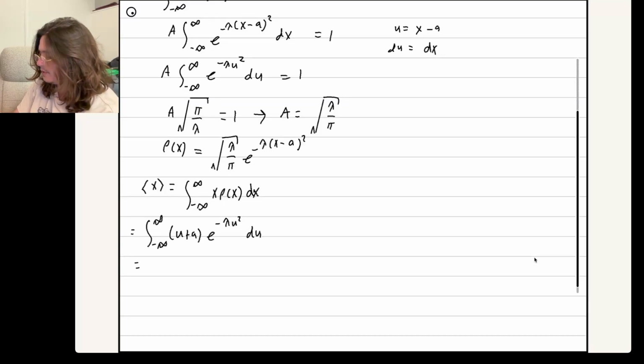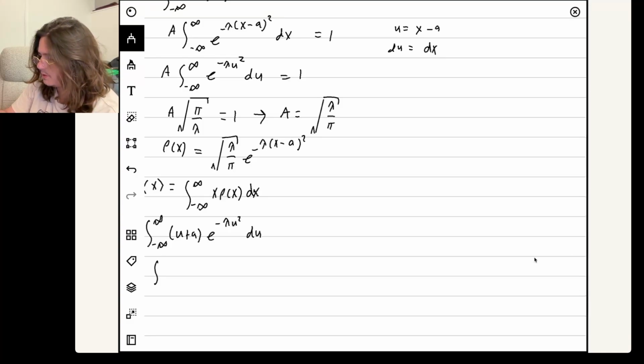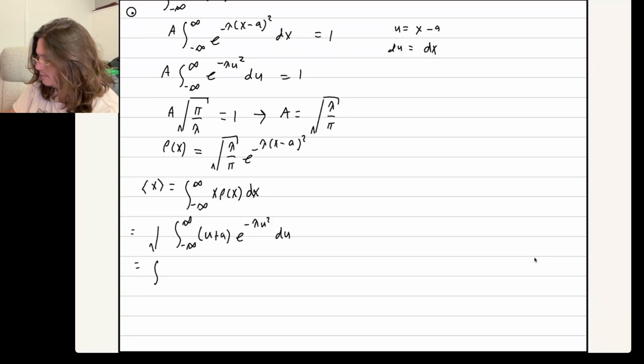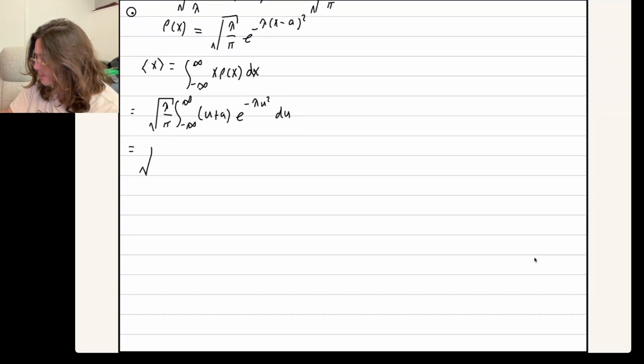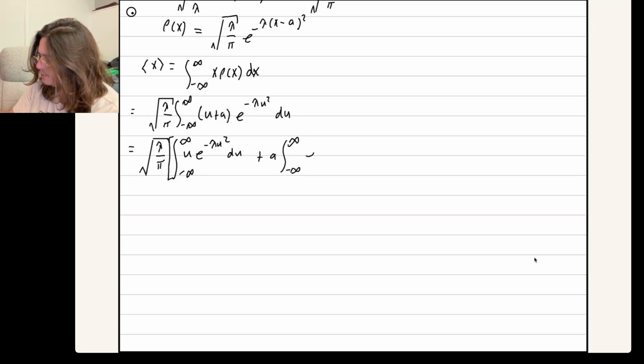So we're actually going to do two different integrals. And I better remember the normalization constant actually. Yeah, it needs normalization of root lambda over pi. When we split this up, we'll have root lambda over pi, integral of u e to the minus lambda u squared over all space, plus a times the same integral that we did before.